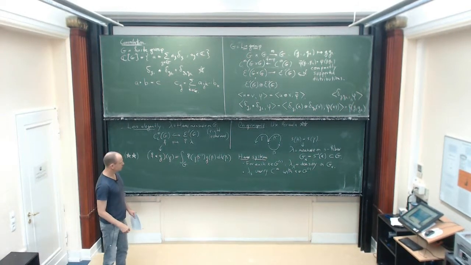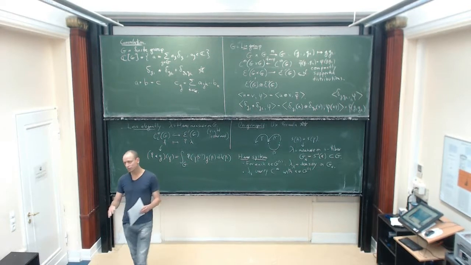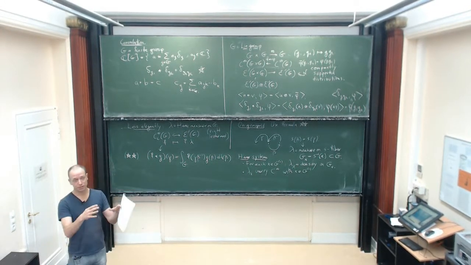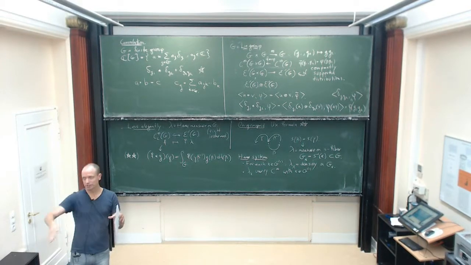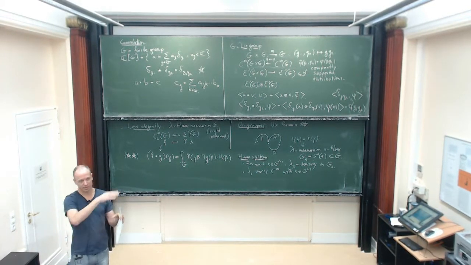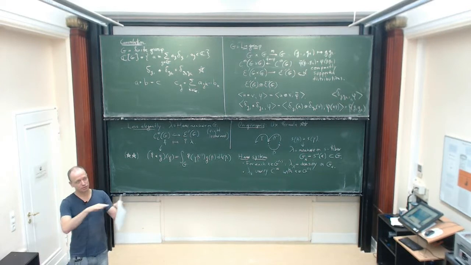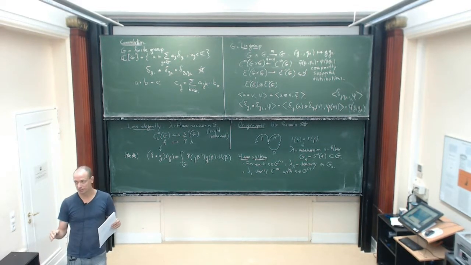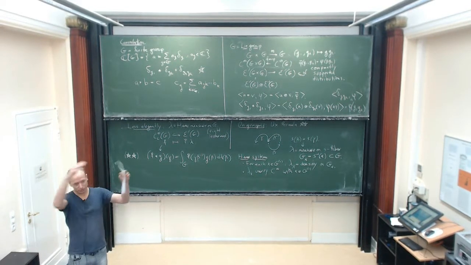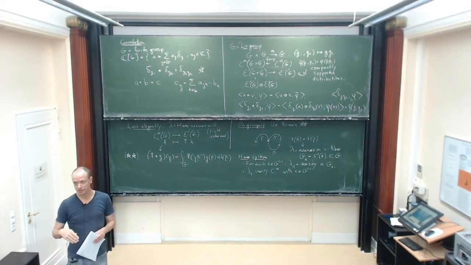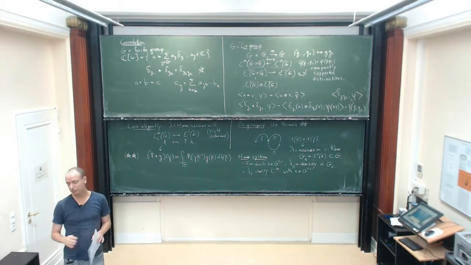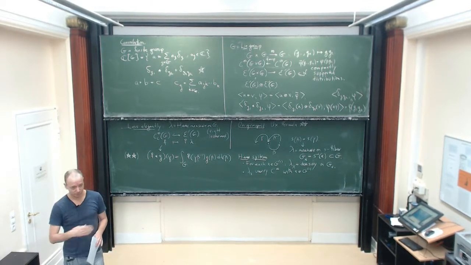Well, an easy way to do this is you take a compactly supported smooth function on G. Then G is fibered by S, so in every fiber you can evaluate the appropriate lambda x. You get a number. This depends on x, so you get a function on the unit space. That should be a smooth function. So lambda as a totality maps C infinity of G to C infinity of G naught. That's the requirement, and that's the definition of it being a smooth family, if you like.